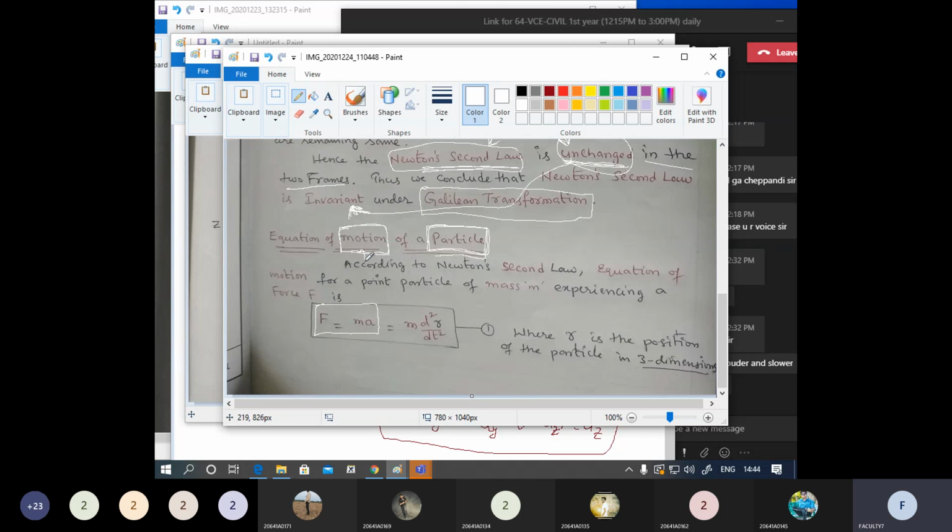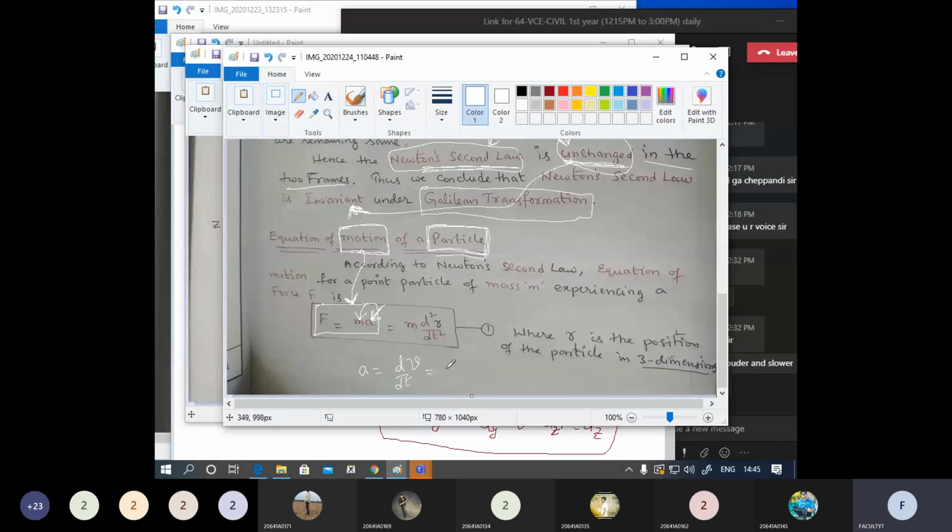What is the expression of the force? It is the product of the mass of the particle and the acceleration of the particle. How can you give the acceleration? It is d by dt of velocity.